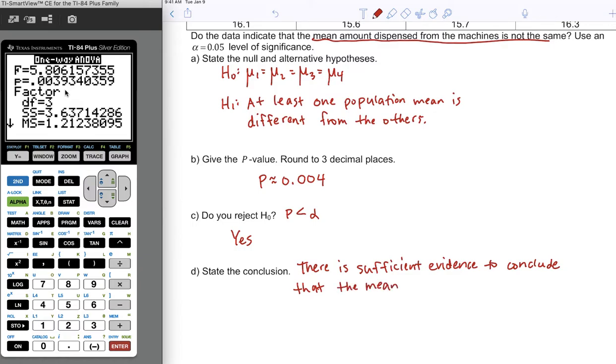So I'm restating their question in a way. Dispensed from the machines is not the same, which was the alternative hypothesis.